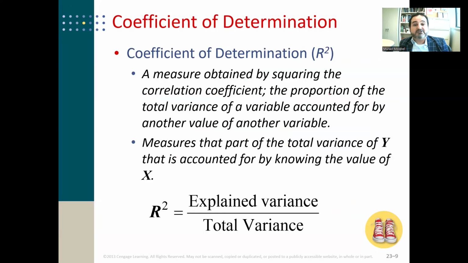So the coefficient of determination, which is the R squared. Basically, we square the correlation score, and then we get the R squared. So what is the R squared? As I explained in the regression lecture, imagine that we have two variables. We have here performance, and here, let's say, perceived inclusion.